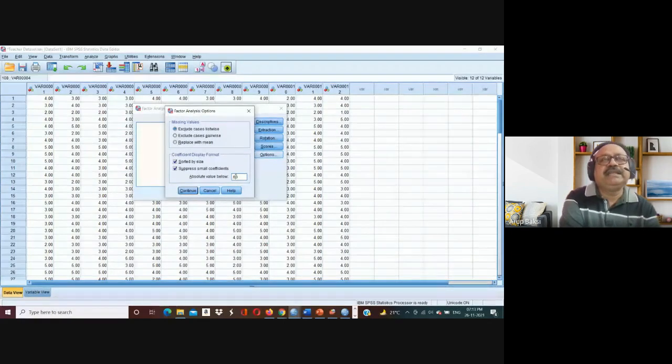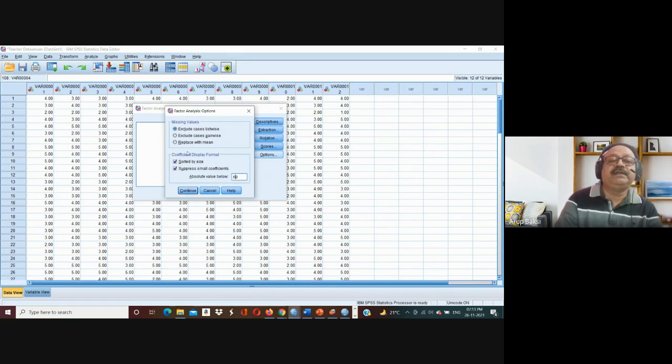If the number of variables is 50 or more, then you can take it up to 0.7. You need to filter more, because with more variables you can take a very high absolute value. So let us make it 0.6, because the number of variables we are dealing with is not that large. We are dealing with only 12 variables. So let us make it 0.6 and then continue.